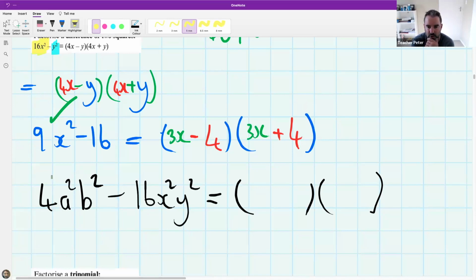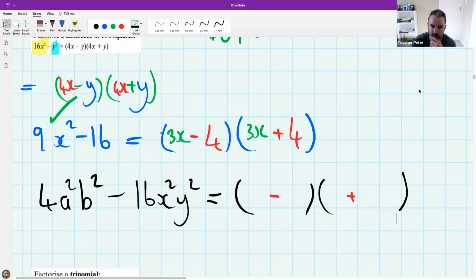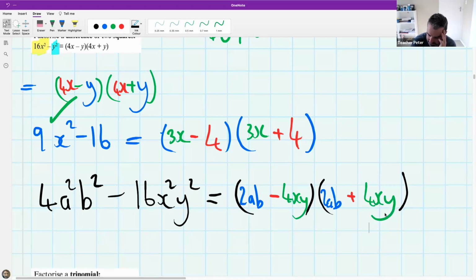Now, what do we think goes where? Well, we know there will be a minus and a plus. So what else? Okay, so here we are going to have 2ab and 2ab. And then over here, we are going to have 4xy, 4xy.